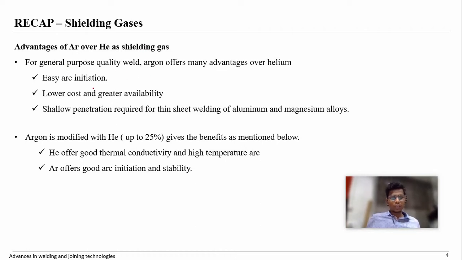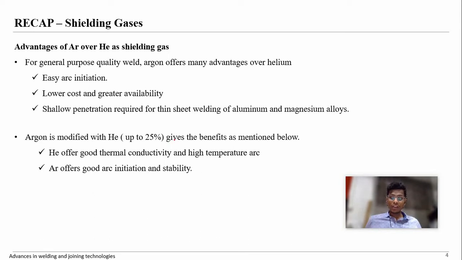Easy arc initiation, as we discussed, lower cost and greater availability. Also, since the thermal conductivity is less, it can be used where shallow penetration is required, like welding thin sheets of aluminum, and since it is an inert gas, you can use it for reactive metals like aluminum and magnesium alloys.